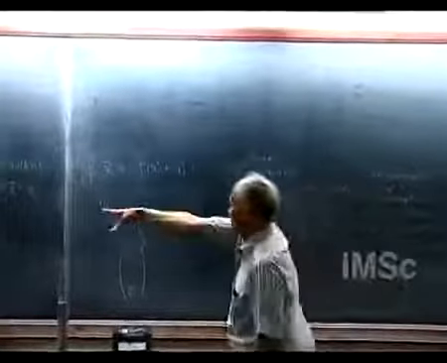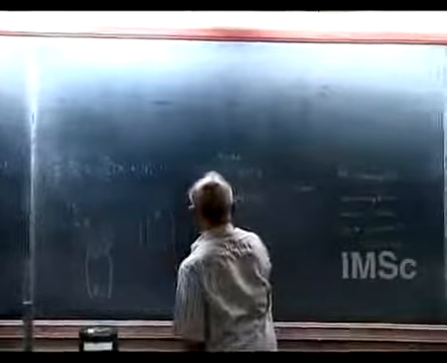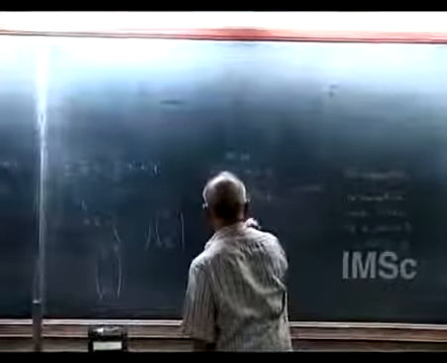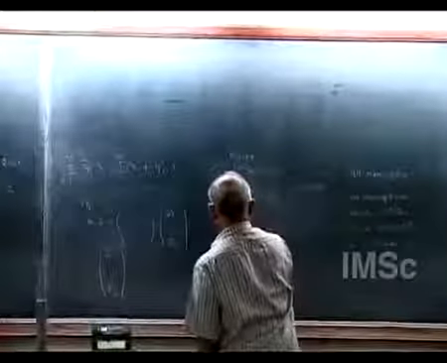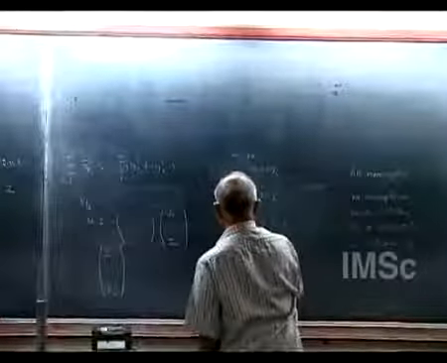Then the sum of xi squared plus yi squared is equal to the sum of xi prime squared plus yi prime squared.